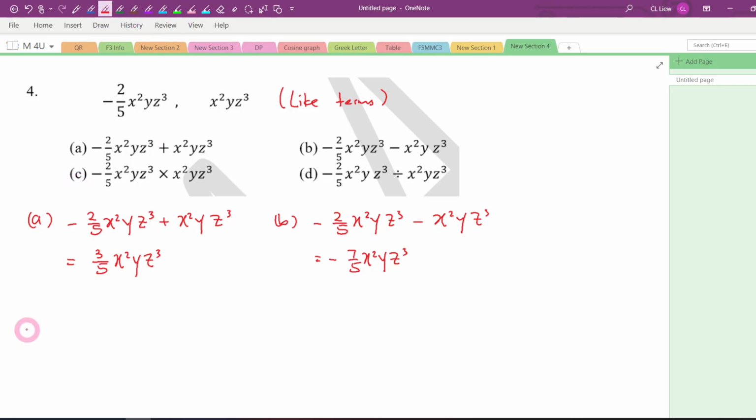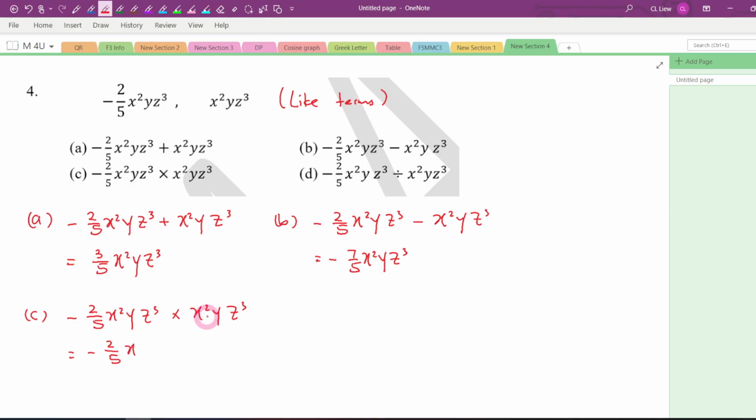Okay, now for multiplication. Negative 2 over 5 x squared y z cubed times x squared y z cubed. For multiplication, you will notice that the power of the variable will change. Also, the same thing applies for division. Now, negative 2 over 5 times 1, you don't have to do anything, just copy negative 2 over 5.